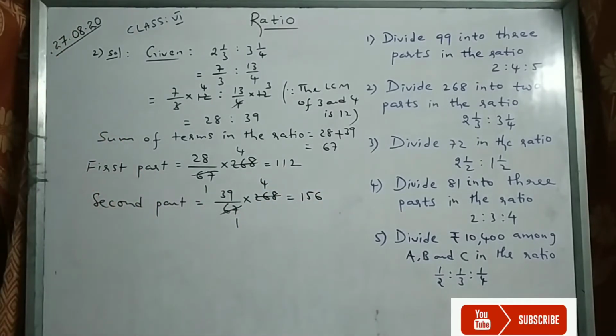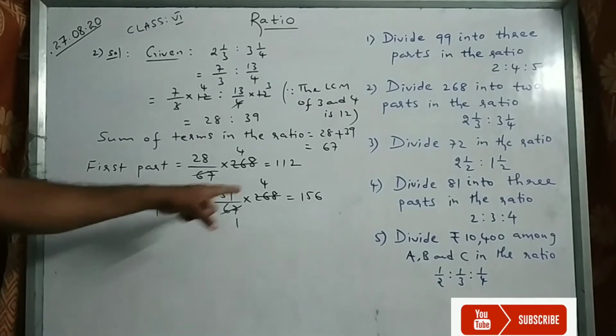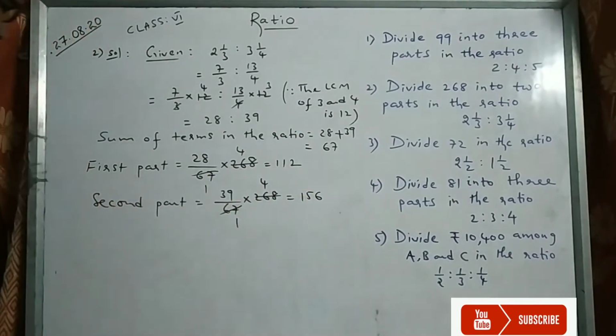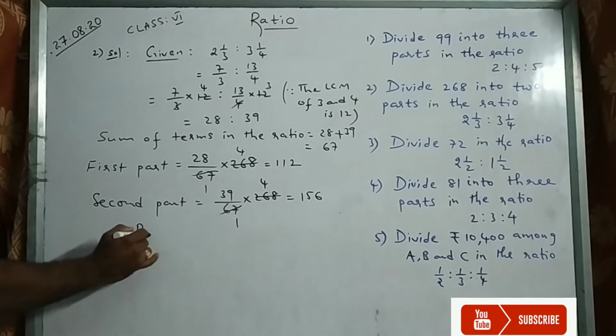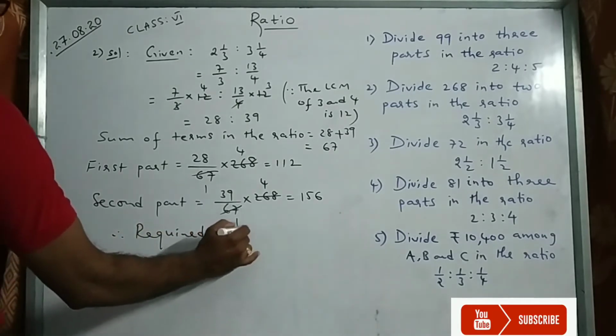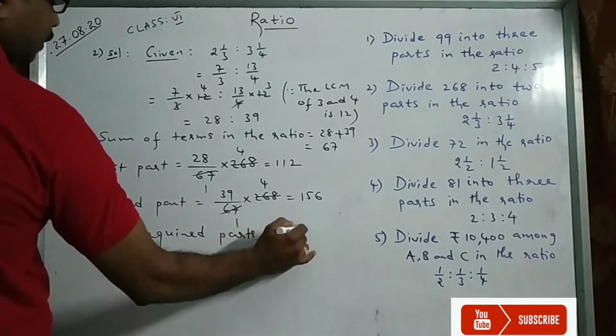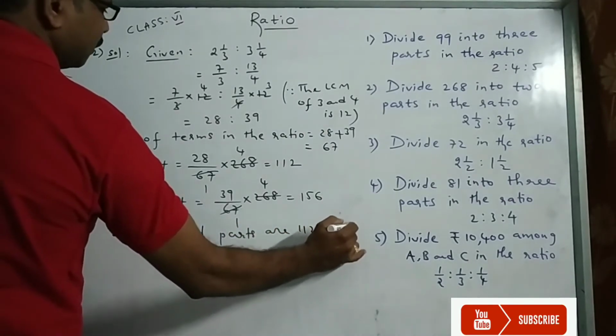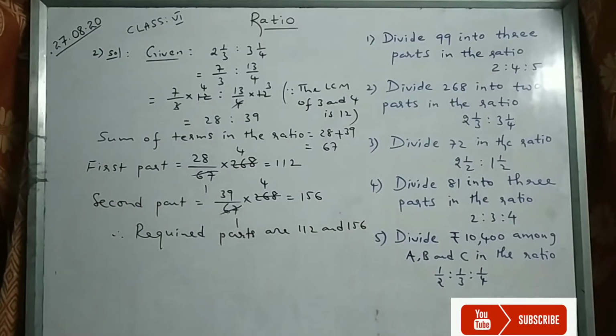Right? 268. Together we are getting 268, right? So therefore the required parts are 112 and 156.